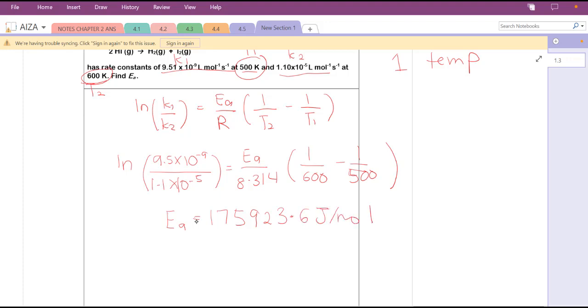From the calculation, the unit of Ea will be joule per mole because R is in unit joule per mole per Kelvin. The standard unit for activation energy will be kilojoule, so this value needs to be divided by 1000. Your final answer should be in unit kilojoule.